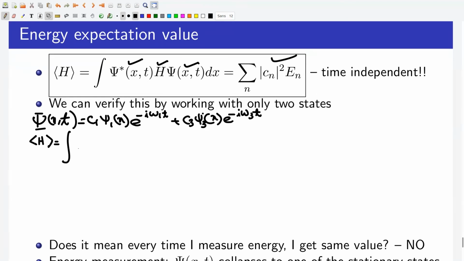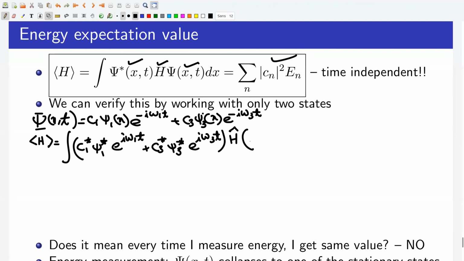First we have to write psi star, so that is C1 star psi 1 star e power i omega 1 t plus C3 star psi 3 star e power i omega 3 t, times the Hamiltonian operator, times C1 psi 1 e power minus i omega 1 t plus C3 psi 3 e power minus i omega 3 t, dx.